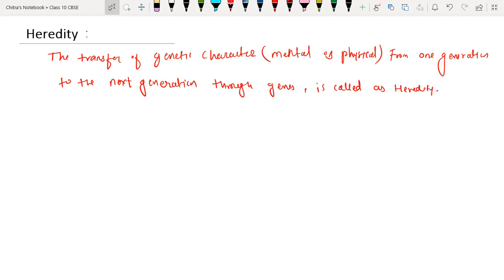So what is heredity? The transfer of genetic characters, which may be mental or physical, from one generation to the next, or we can say from parent to their offspring through genes, is called heredity.